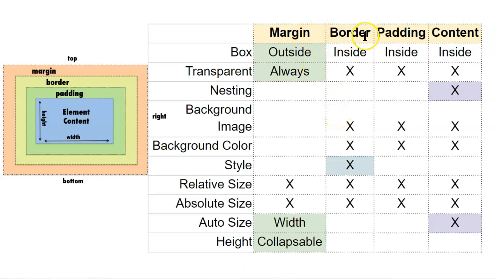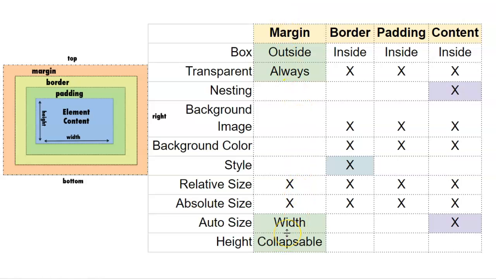Now let's go over the differences between margin, border, padding, and content. Just remember that the margin is on the outside of this main box. And because it's on the outside, it's always transparent. It's like air. The other things you can give background images and colors and styling, but not the margin.